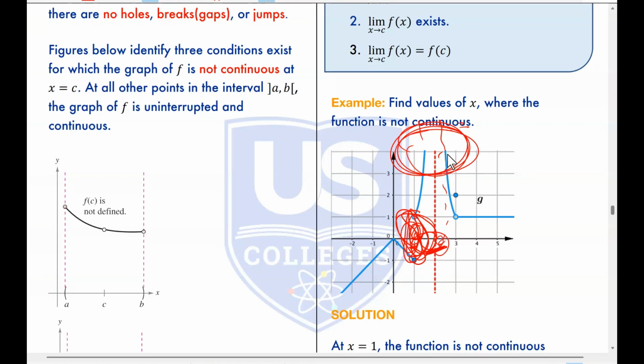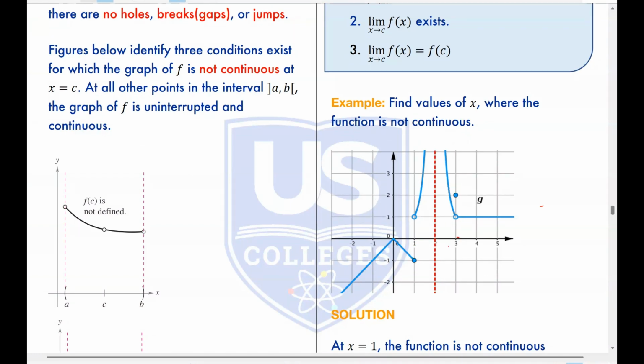And continue graphing. I come till here, and there is also a gap. There is also a hole. So I should lift my pencil to continue drawing. So at that point also we have discontinuity. So we totally have 3 points where the function is discontinuous here.